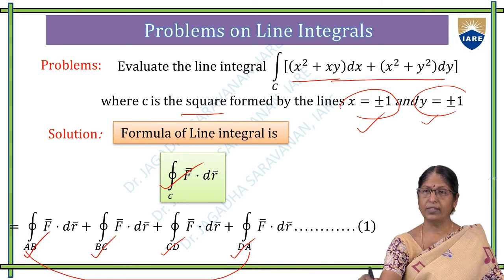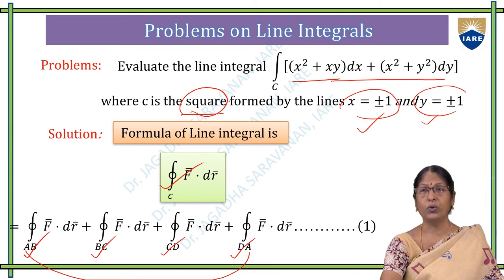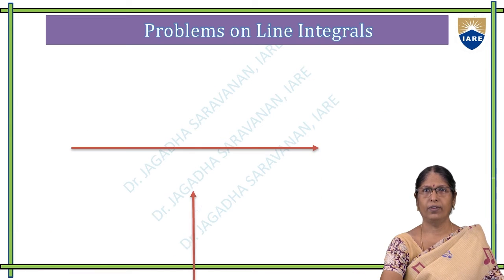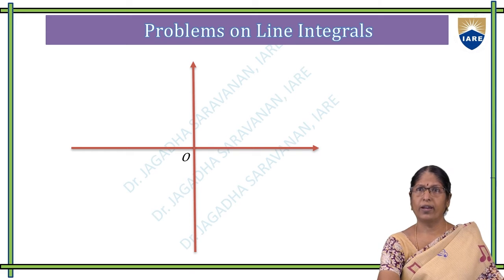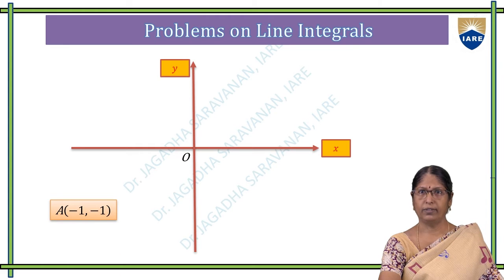First, using this condition, we have to draw the geometrical figure, that is, the square. So the origin we have named O, with the x-axis and y-axis, because x is given as plus or minus 1 and y is given as plus or minus 1. That is what is given in the question.